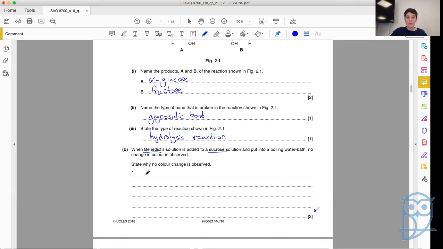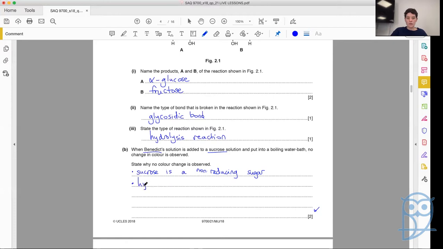So we'll start with the basic and obvious. Sucrose is a non-reducing sugar. And remember here they said Benedict's plus sucrose. No hydrochloric acid anyway.